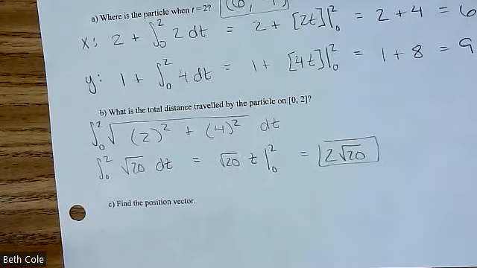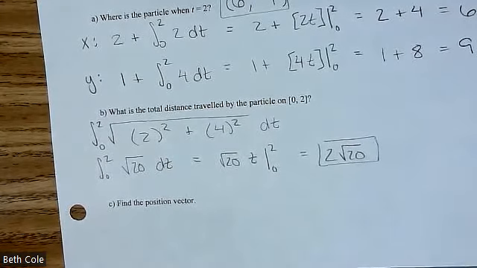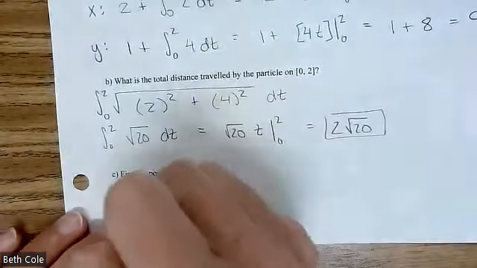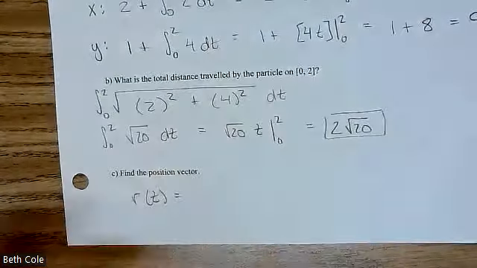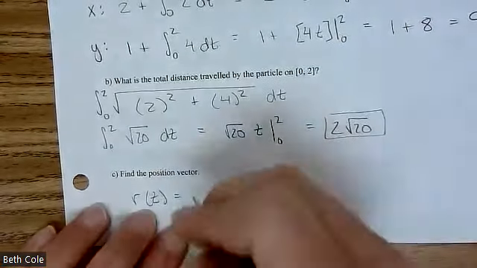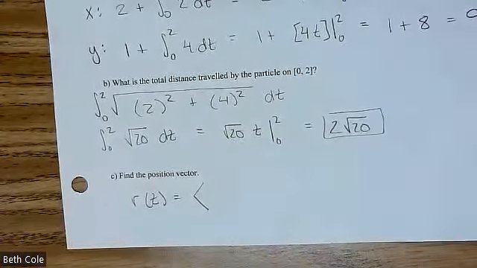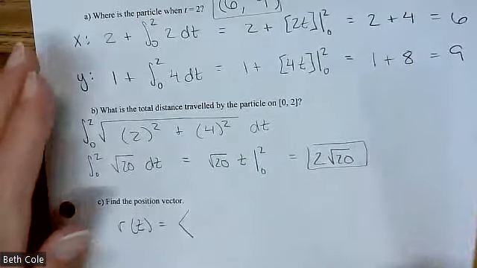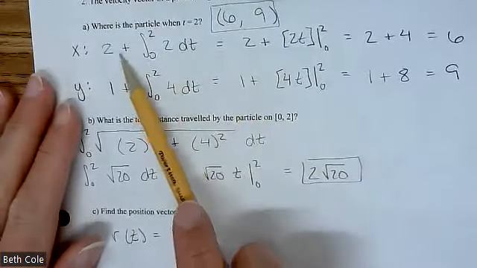To get from velocity to position, you would have to do an antiderivative, but I already made you do them, so I'm not going to make you do them again. We can actually just write this answer. I don't know why they use R for this, but anyway, R of t is for your position. Look back at part A. What did we get for our antiderivative for the x part?